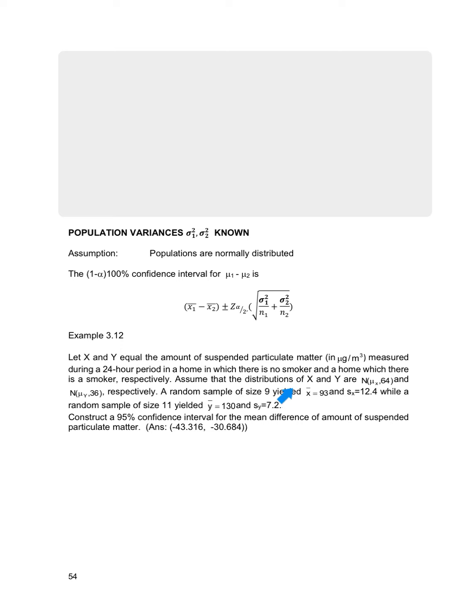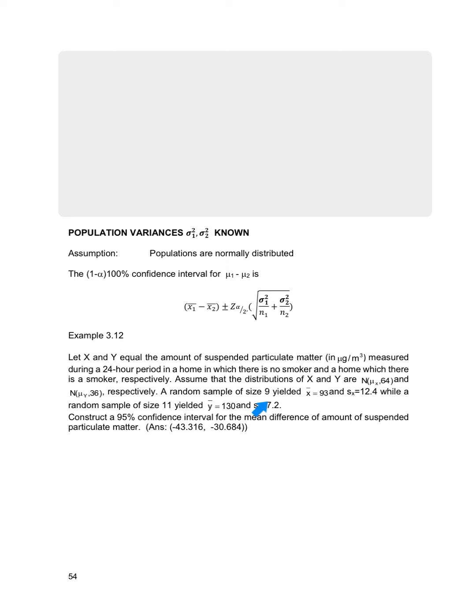Assume that the distributions of X and Y are normal: X has normal distribution with mean mu X and variance 64, and Y has normal distribution with mean mu Y and variance 36.